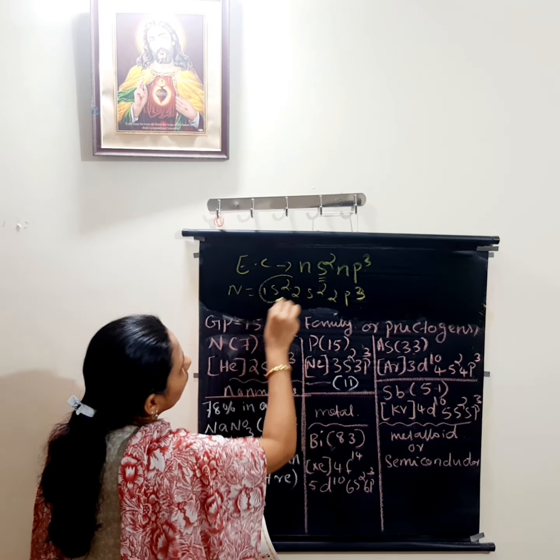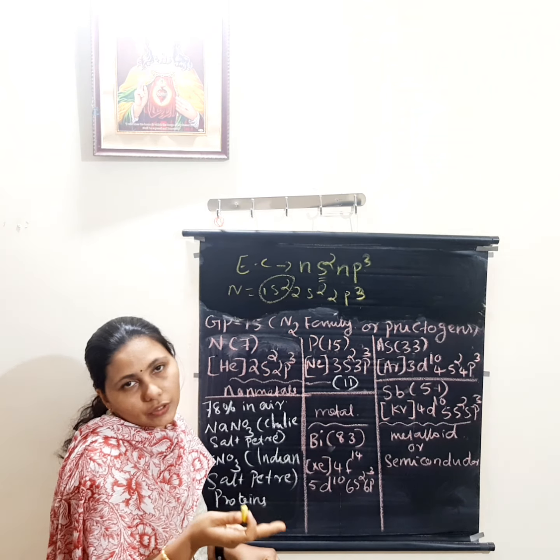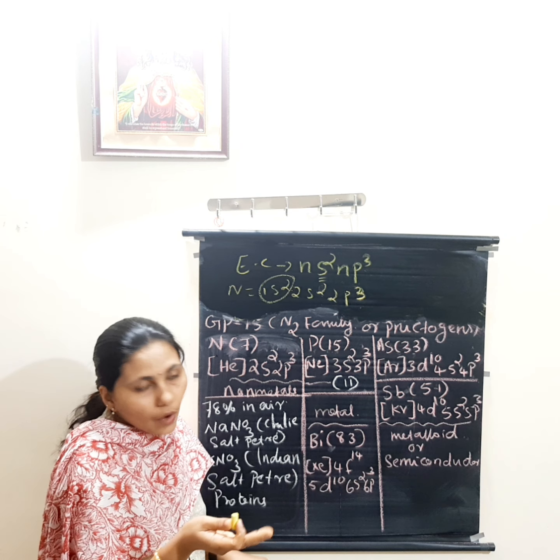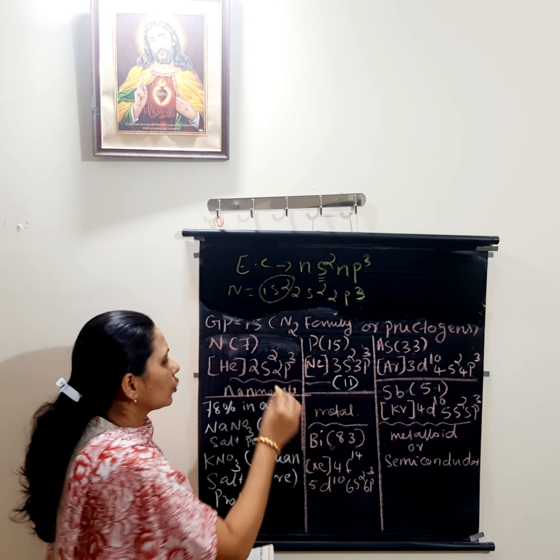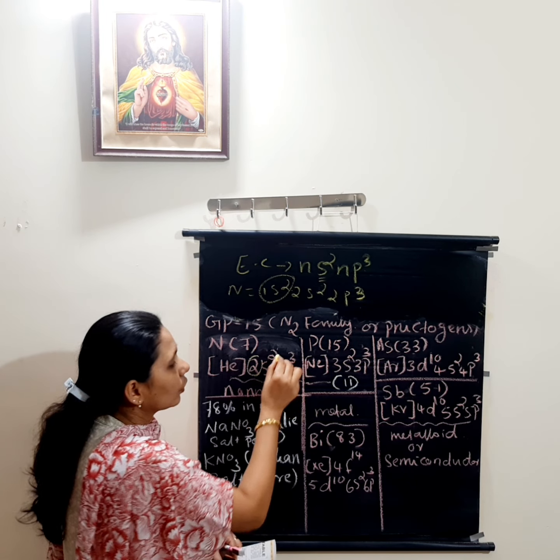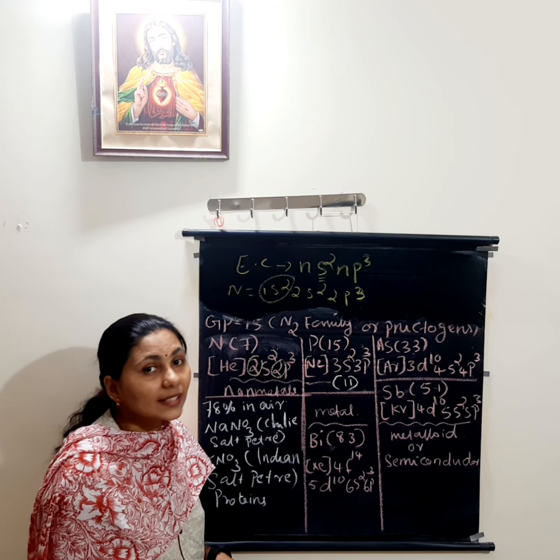But instead of writing 1s2, we can write helium, because helium has the electronic configuration 1s2. So helium 2s2 2p3. Why is it 2? It is in the second period.